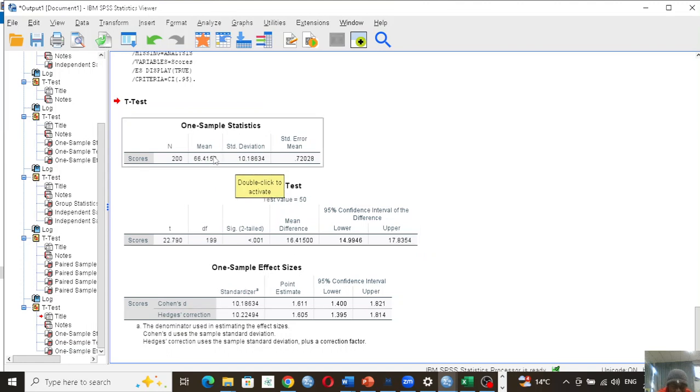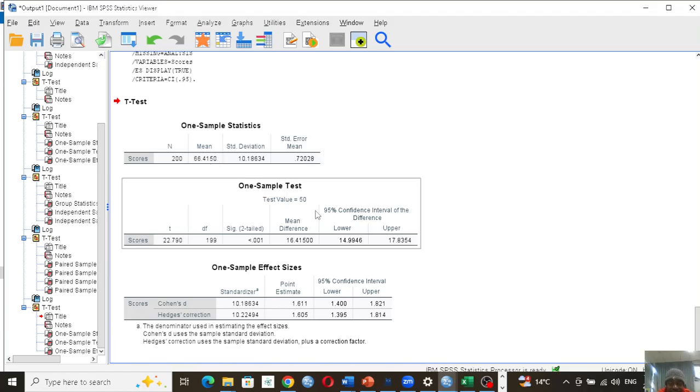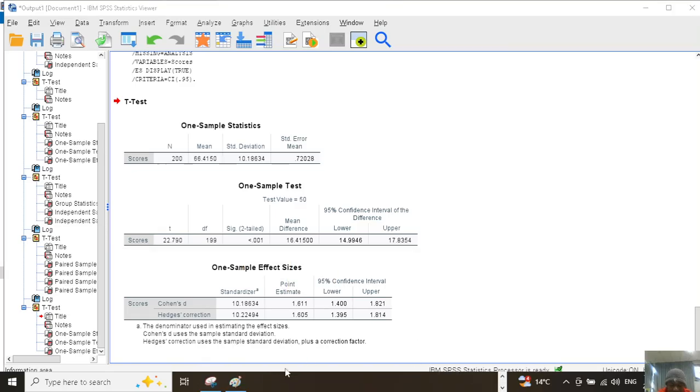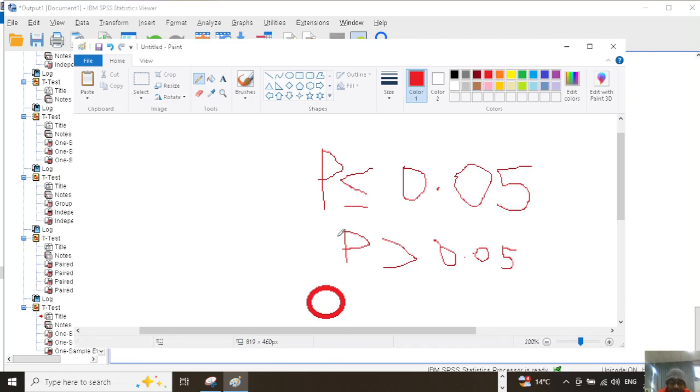Then after we had this, we could see that the mean score of the students is higher than the benchmark, which is 50%. But the next thing we have to do is ask, is it statistically significant? By doing that, we take the significance value here and compare it with our benchmark 0.05. If it is less than or equal to 0.05, we say it is statistically significant.